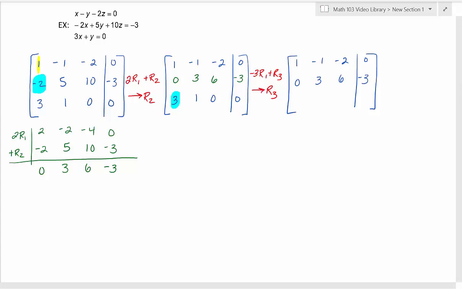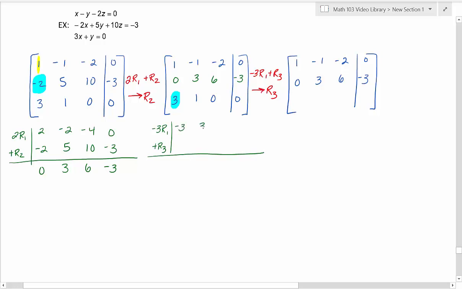And then we'll do some side work to get that new row 3. Going to be multiplying row 1 by -3 and then adding it to row 3. -3 times row 1 gives us -3, 3, 6, 0, and we'll add that to row 3 as is. We end up with 0, 4, 6, 0.